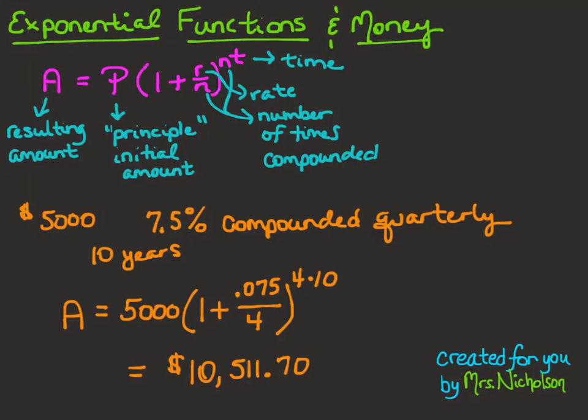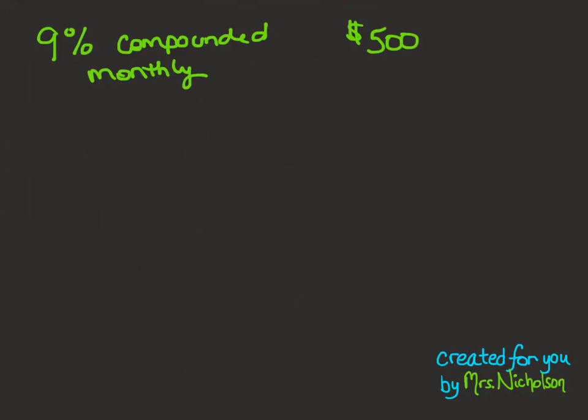Let's look at another example where there's a different piece of information that we don't know. Let's say that a bank is offering 9% interest, compounded monthly, and I have my same $5,000 to invest, the same amount of money.